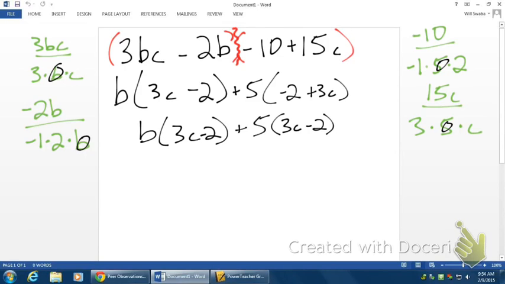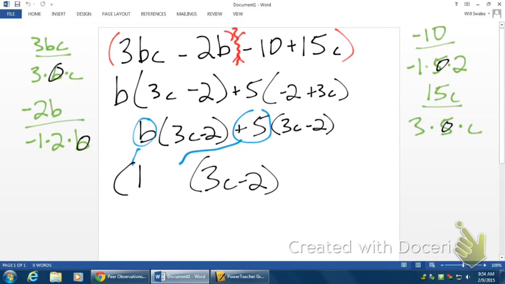Now, I have a 3C minus 2 in both of my parentheses. That's the 2-for-1 special. If you got two of those, you can just write down one of those. And I'm going to group together my terms that are outside of the parentheses. That becomes B plus 5.